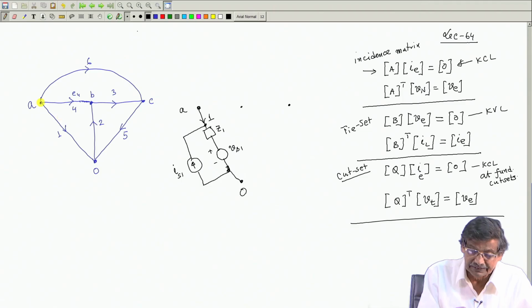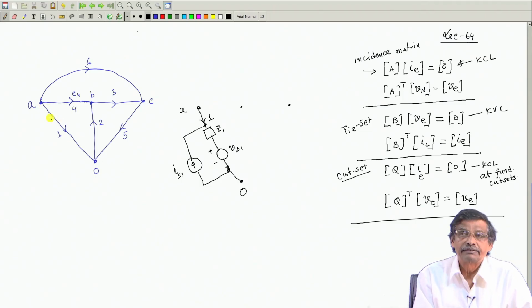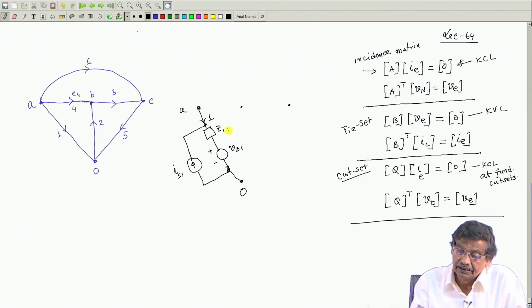Although I have just drawn a single line, in general in this line there will be an impedance and there will be sources, a voltage source and a current source, connected here.